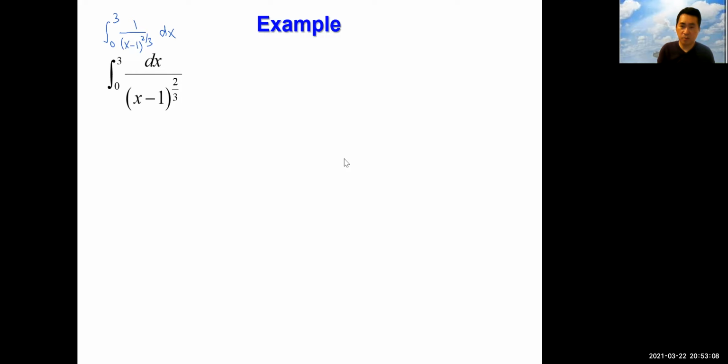To help you see why it's not continuous, you look at the graph from 0 to 3. At 1 we have a vertical asymptote. Let me try to graph this.